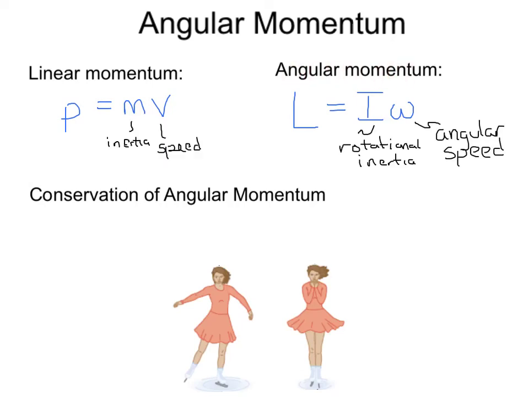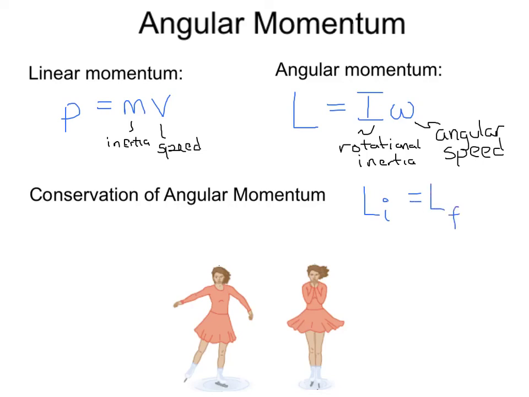So angular momentum is the rotational counterpart of linear momentum: where linear momentum depends on inertia and speed, angular momentum depends on rotational inertia and angular speed. Like linear momentum, angular momentum is also conserved. That is, the initial angular momentum must equal the final angular momentum at some time later.